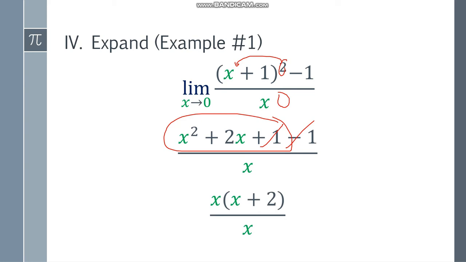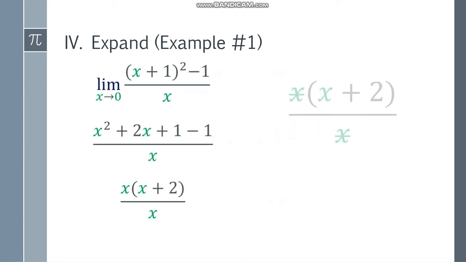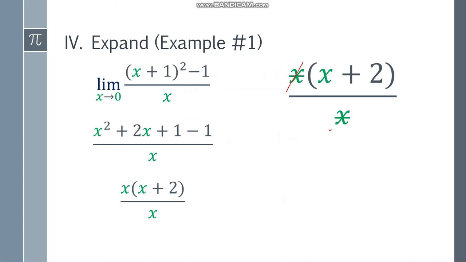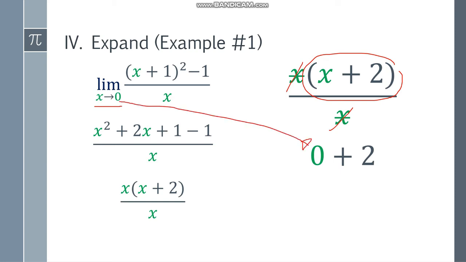Now, I just factor this one. x squared plus 2x is x times x plus 2. As you can see, we could cancel the x here. So we are left with x plus 2. Now, as x approaches 0, as stated in the problem, just substitute it. So 0 plus 2, that will be 2. And you already have the final answer.